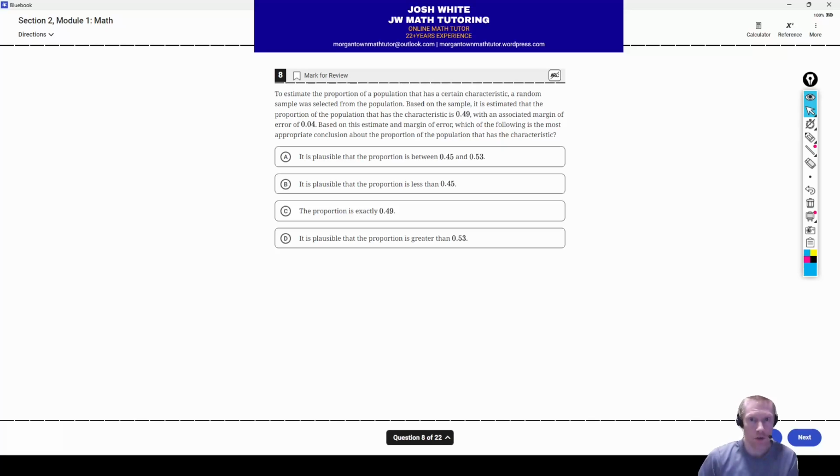The margin of error tells you the range of values that you expect the true mean to be in. So you take what you measure for the mean, in this case 0.49, and you add to that the margin of error, the 0.04, and then you also subtract from it on the other end the margin of error, the 0.04.